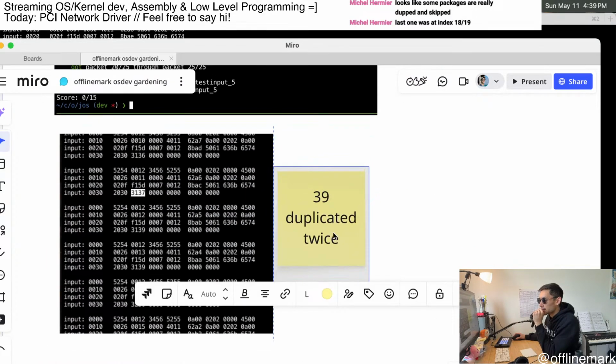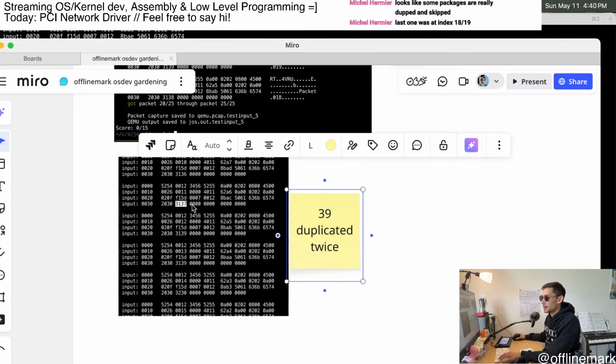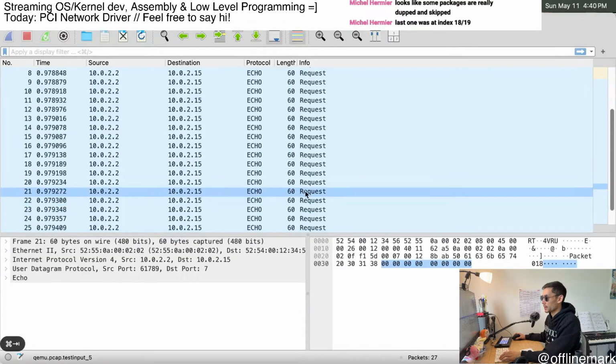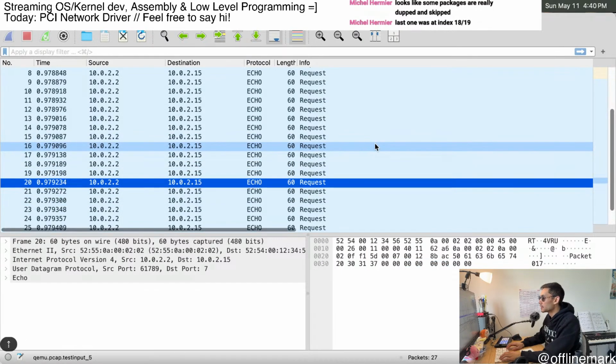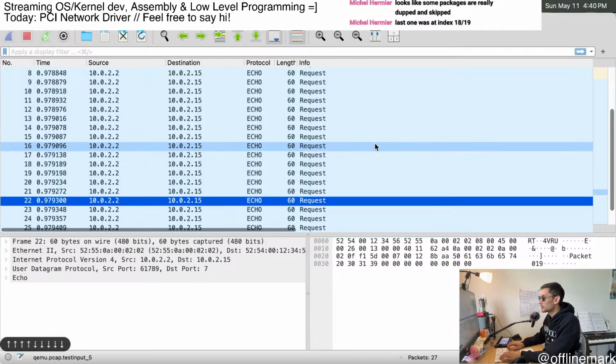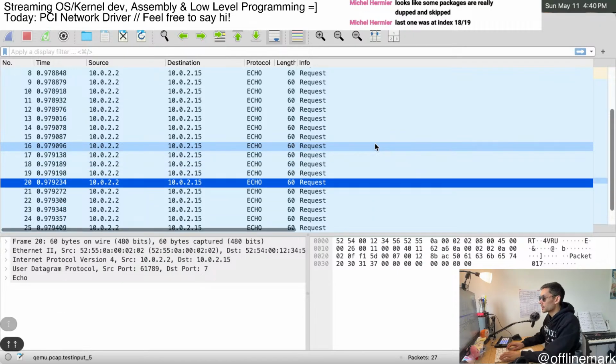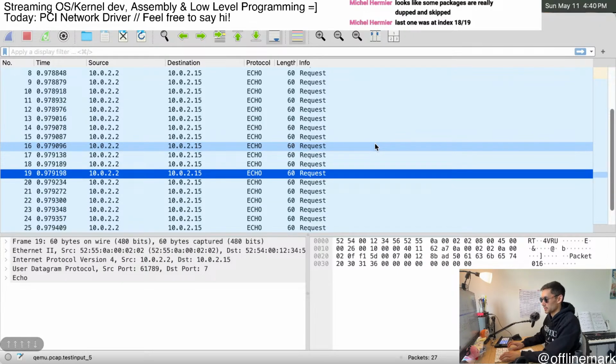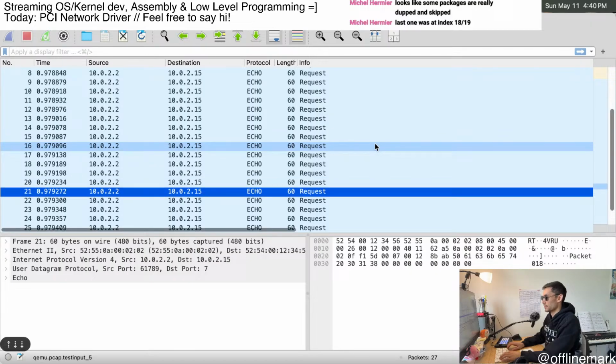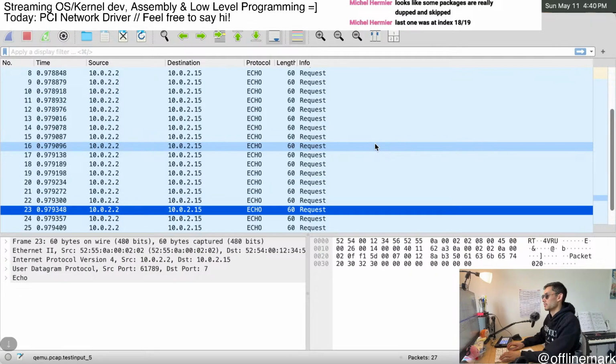We can see that right here. If we compare against Wireshark, it should just be nice and simple: 31, 36, 37, 38, 39, back to 30.